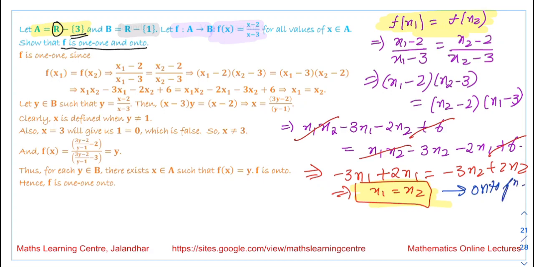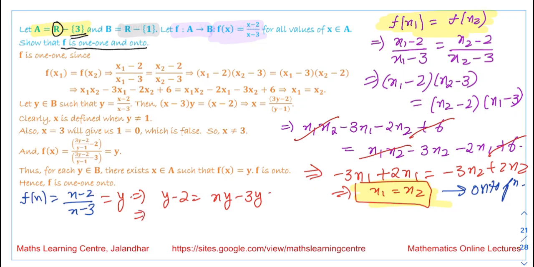Now next thing we have to prove is, this function f(x) is given to us. We are saying this function f(x) is (x minus 2) over (x minus 3). Now we have to find the range of this function. So to find the range of this function, we equate it to y, and we write y equal to (x minus 2) over (x minus 3), so y(x minus 3) is equal to x minus 2, that is xy minus 3y equal to x minus 2.